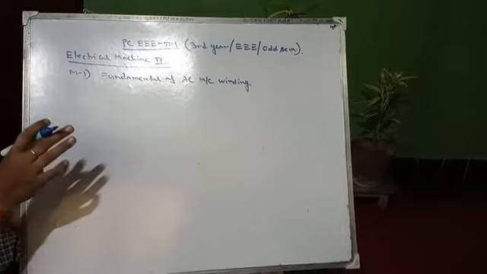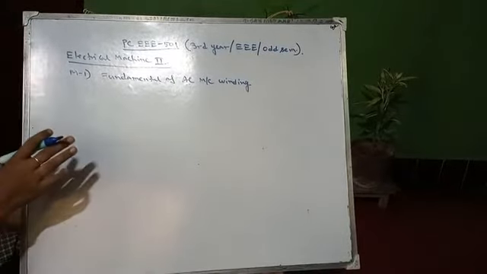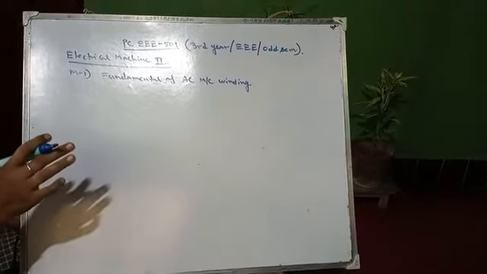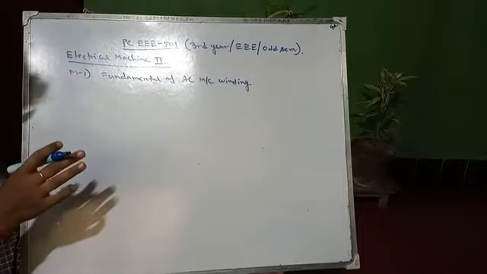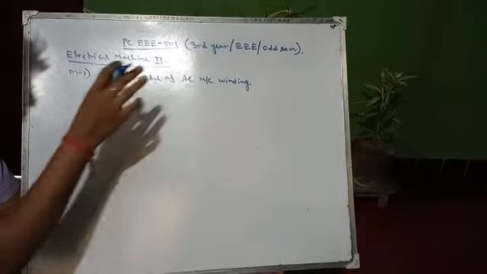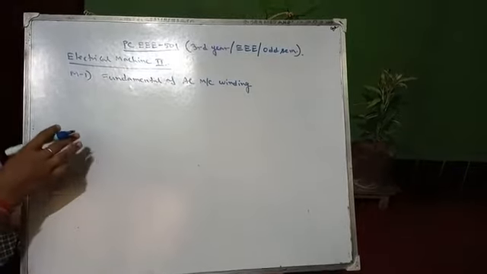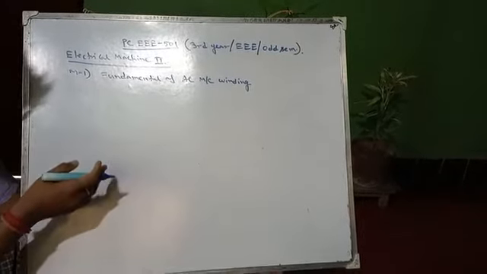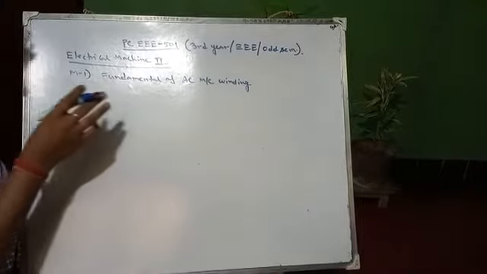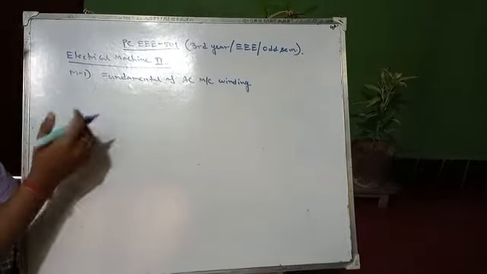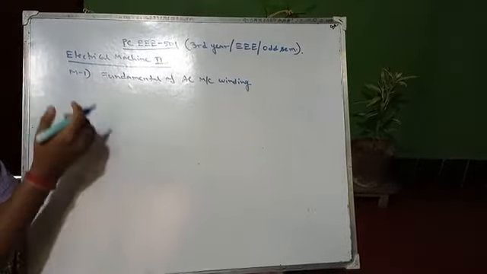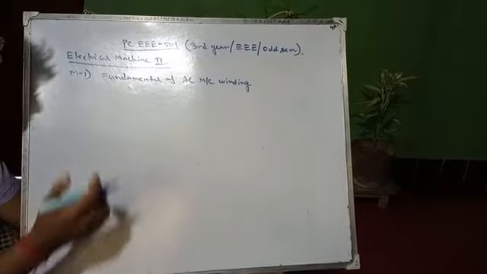When you were in the previous semester, taking your Machine 1 class, you learned some winding concepts. Here it is the same thing, but before starting the detail in machines, the first module is fundamental of AC machine winding.